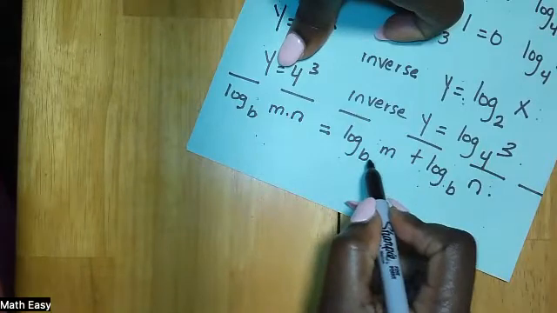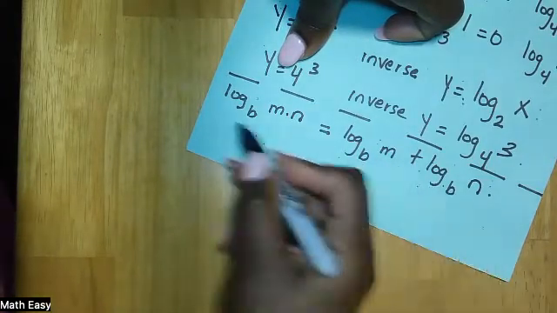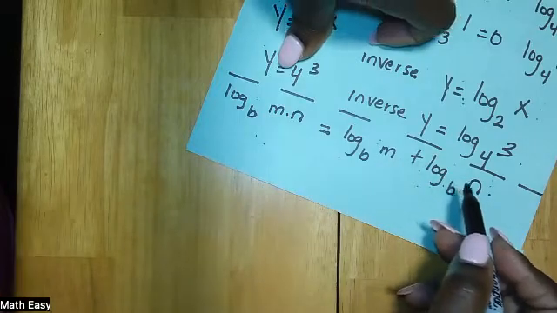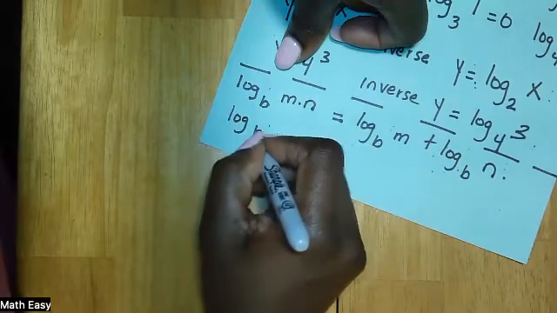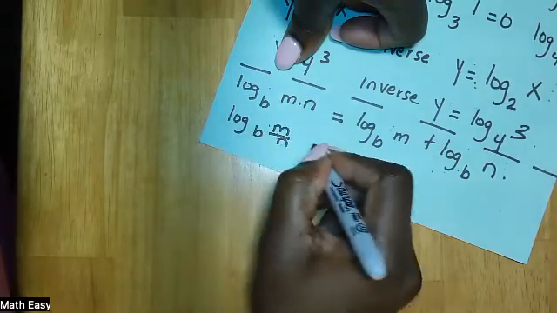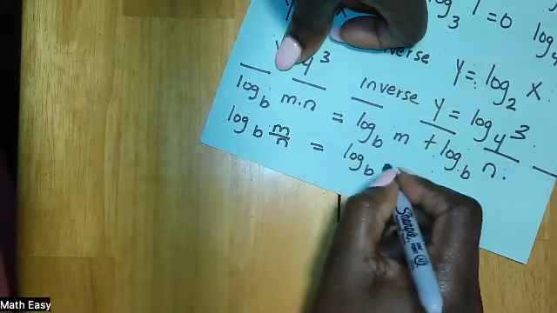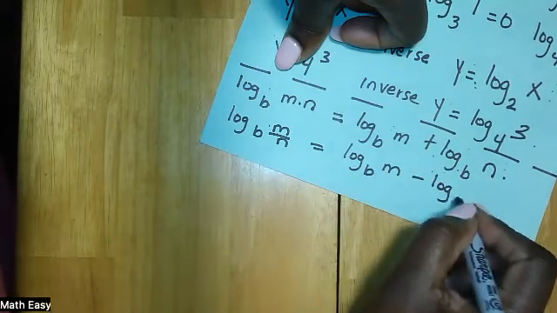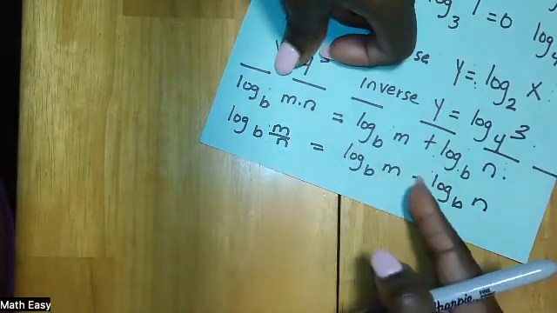So if you have log base b of m plus log base b of n, you can simply multiply m by n. The next property is log base b of m divided by n. What do you think that will be? Log base b of m subtract log base b of n. Again, the reverse can happen here.